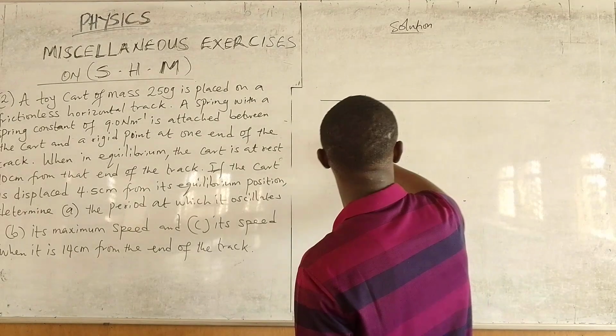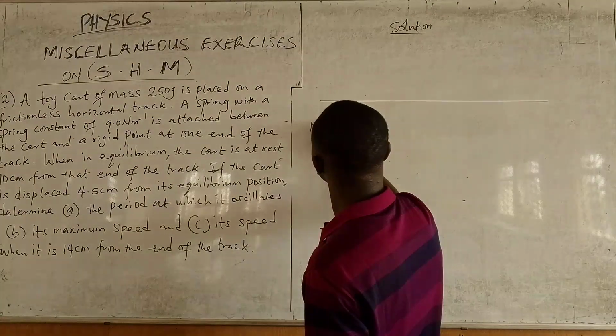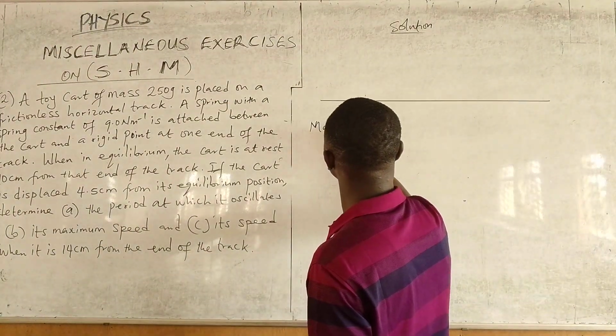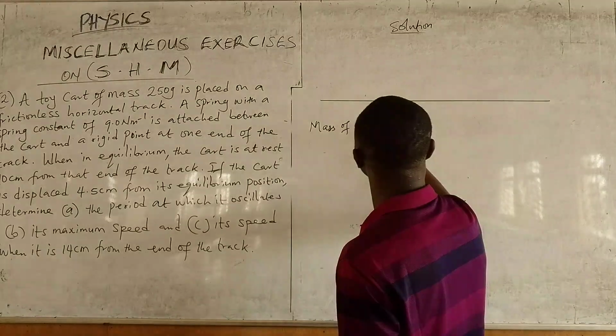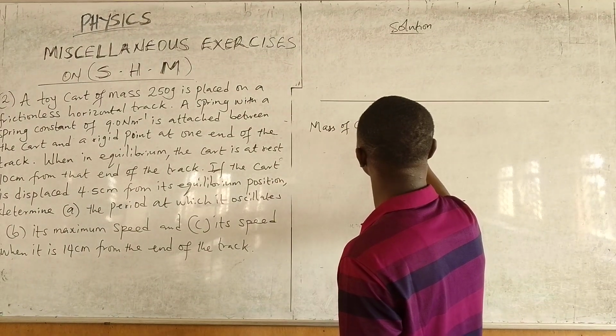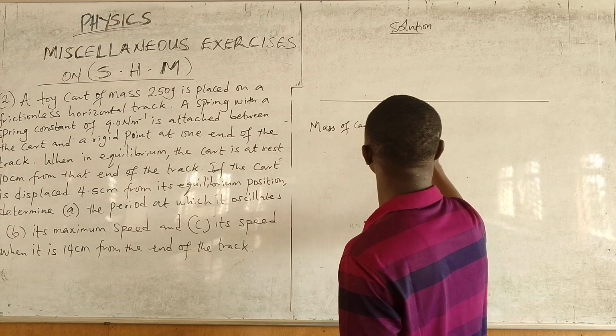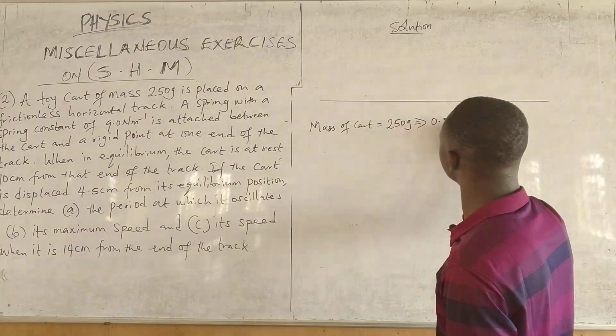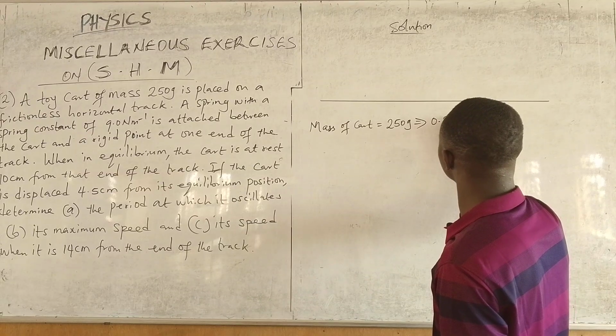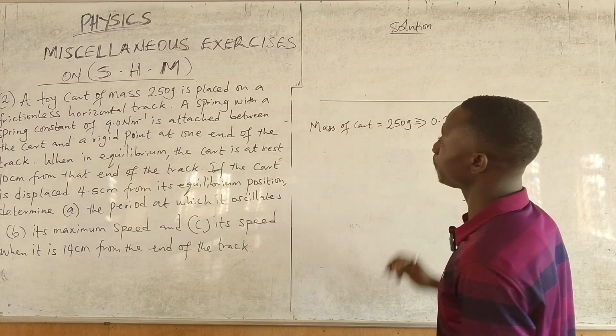Then the mass of the cart, let's interpret what we have there. Mass of cart is 250 grams. Please convert to kilogram. That's going to be 0.25 kg. Okay?